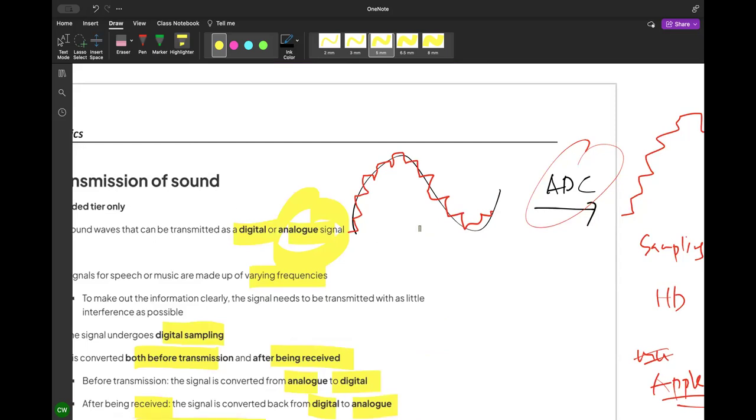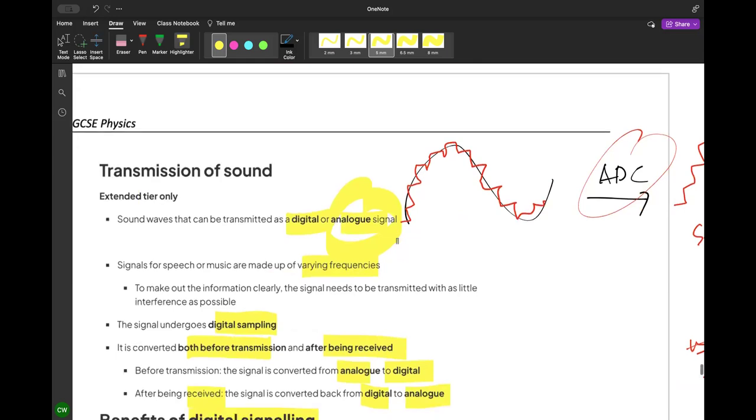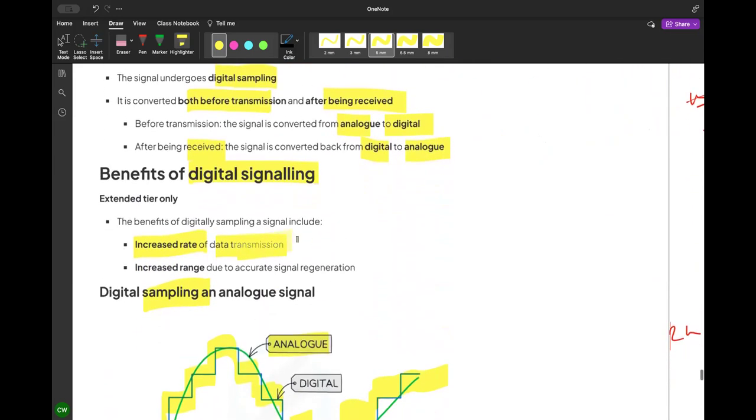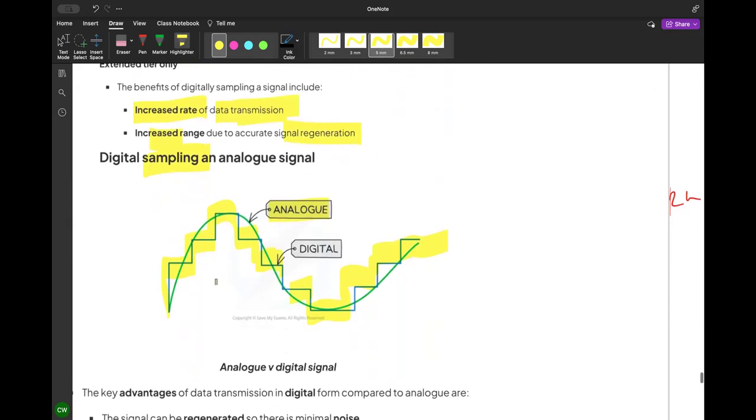Analog cannot be transmitted. So if you want to send over a long distance, it must be in digital form. It has to be digital form to be transmitted very far. So for digital data transmission, it increases range for regeneration. That means we can regenerate the signal. We can restore the music.